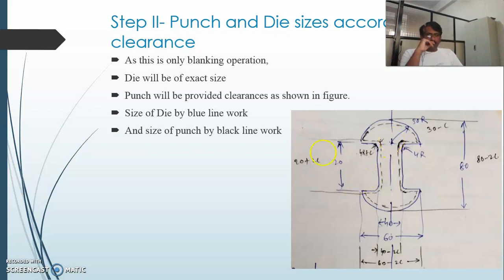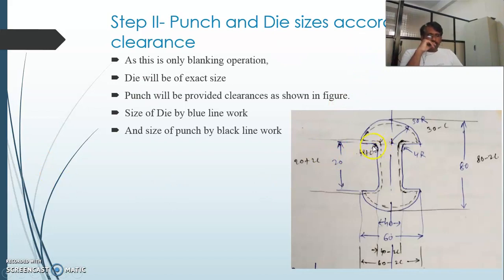Now this diagram you have to draw with two different colors, or we can say with the dark line and the dotted line. Dark line shows your die size, and dotted line will show the punch size. So here you can look out into how the clearances will be provided.